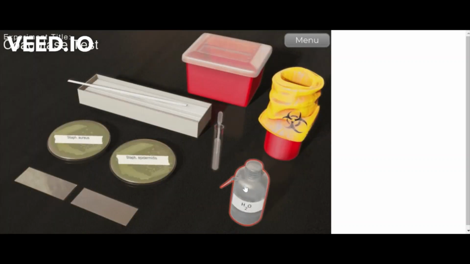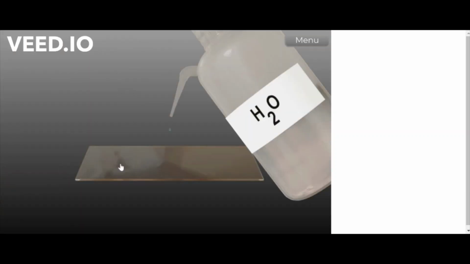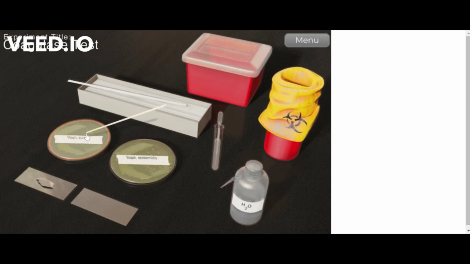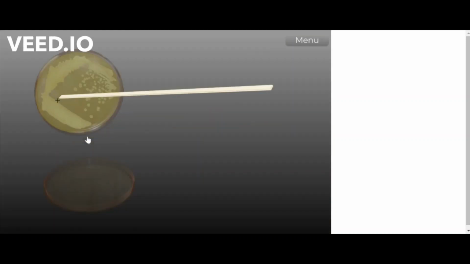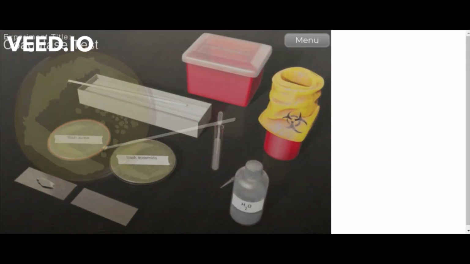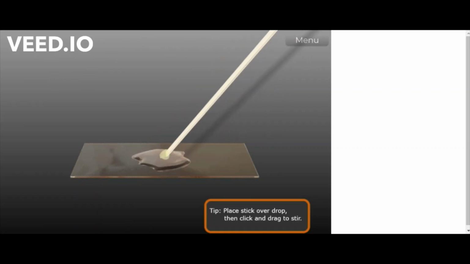I will start the experiment by dropping the water on top of the slide. Next, I will use a toothpick to pick one isolated colony. Then I will mix the bacteria into the water.